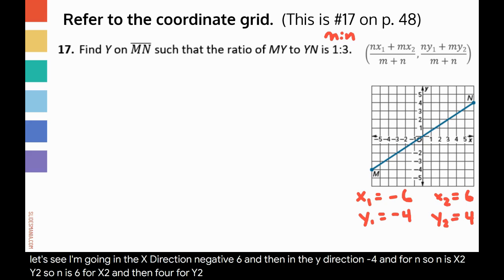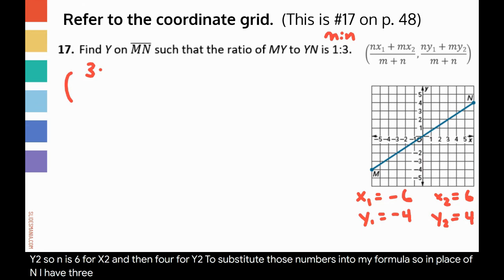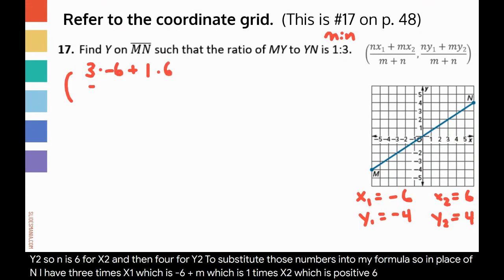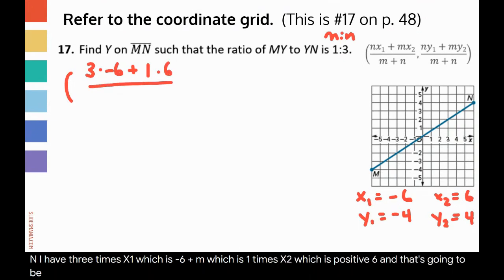Okay, so I'm going to substitute those numbers into my formula. In place of n, I have 3 times x1, which is negative 6, plus m, which is 1, times x2, which is positive 6. And that's going to be over m plus n, which is 1 plus 3.